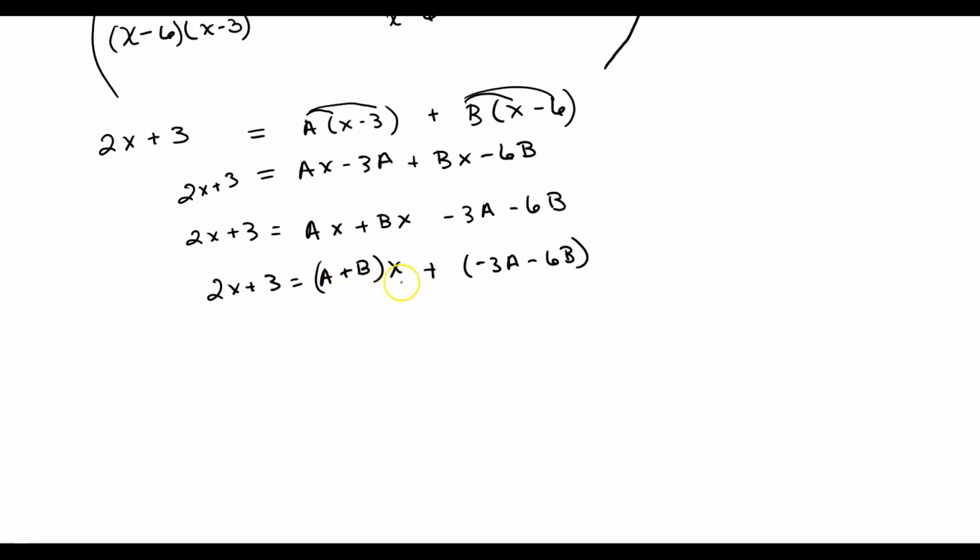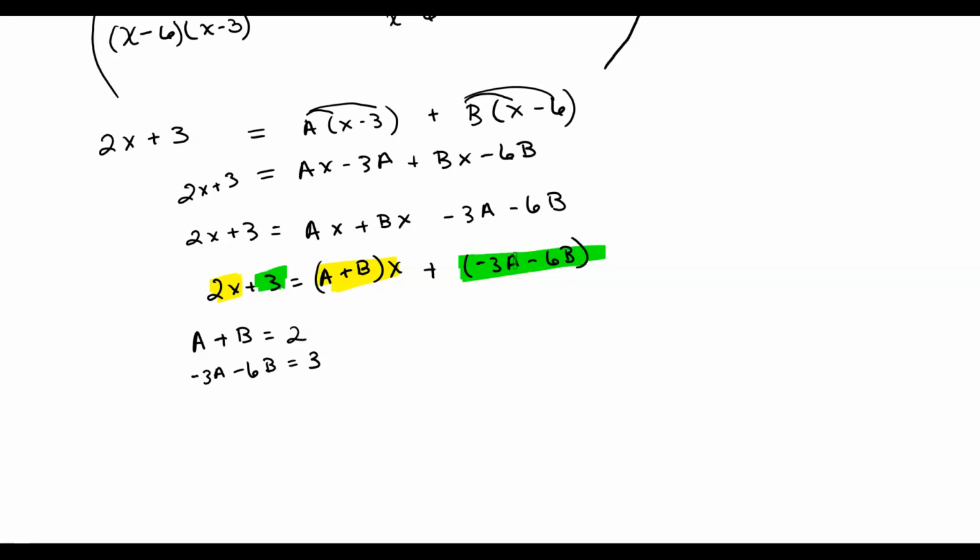The A + B corresponds to the 2, so we create a system here. A + B = 2. That's the first equation. And then the second is that -3A - 6B corresponds to the positive 3. So we're matching this with this, and then this with this, and that's how we're coming up with these equations.